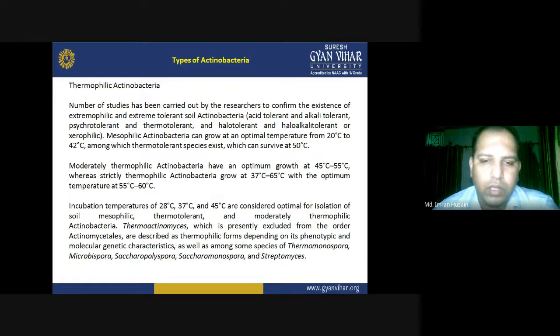Thermoactinomyces, which is excluded from the order of Actinomycetes, is described as a thermophilic form depending on its phenotype and molecular genetic characteristics, as well as among some species of Thermomonospora, Microbispora, Saccharopolyspora, Saccharomonospora, and Streptomyces.